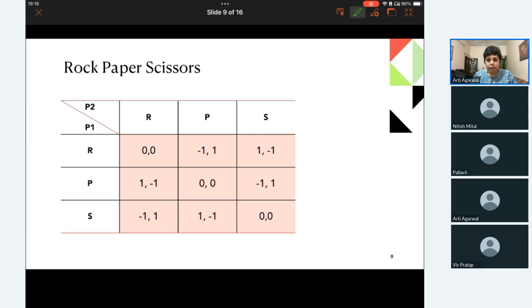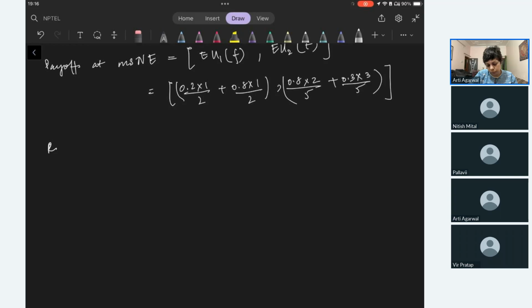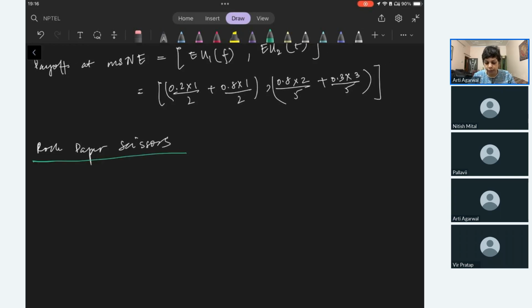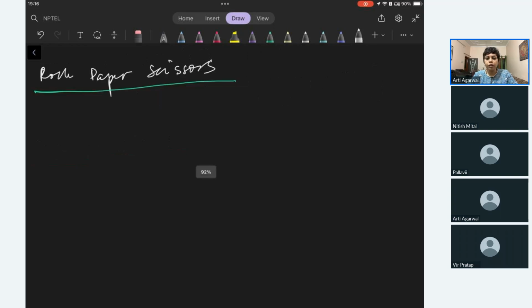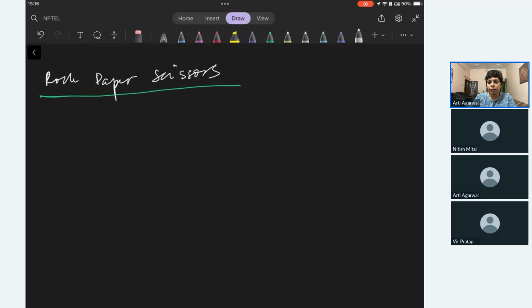So let's work on this and let's write down the table first. So this is the game of rock. Now, the whole beauty of this sort of game is that if there were a dominant strategy, everybody would just play the dominant strategy, right?